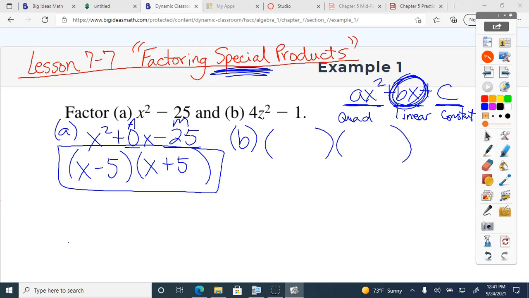What I'm looking for is this term to be a perfect square and that term to be a perfect square.